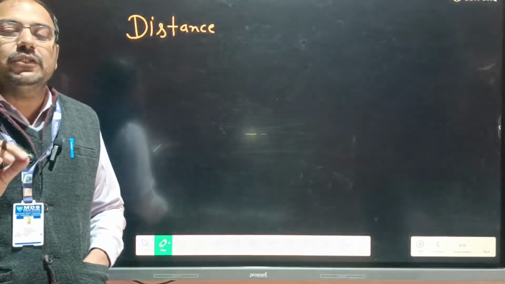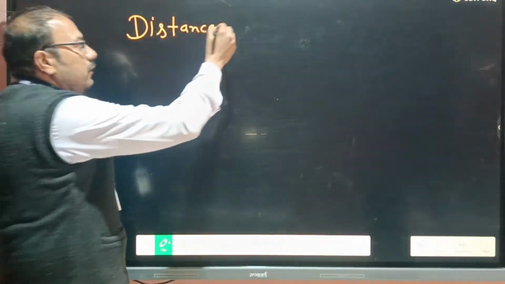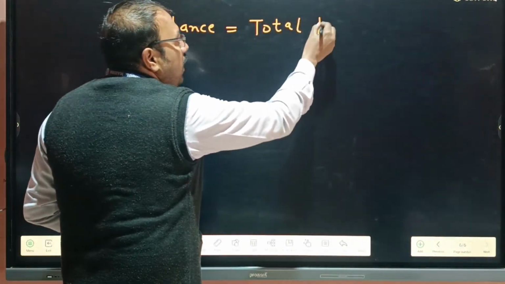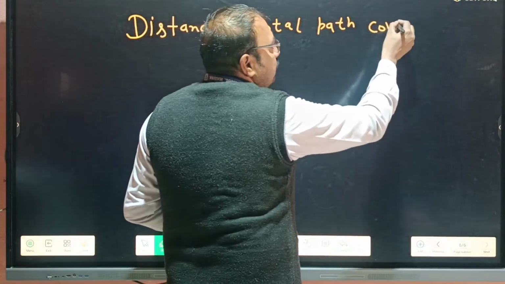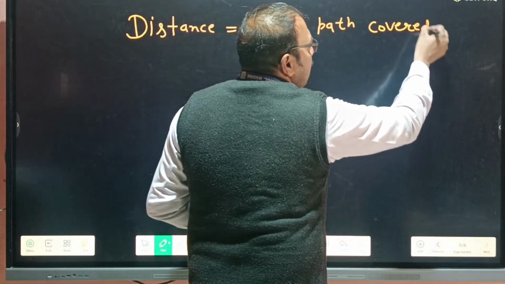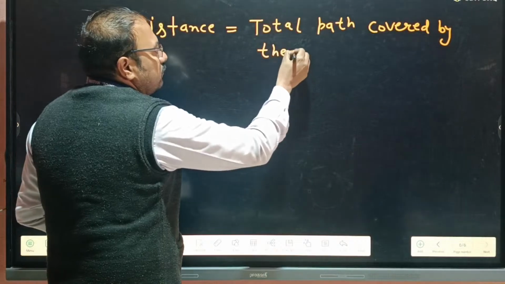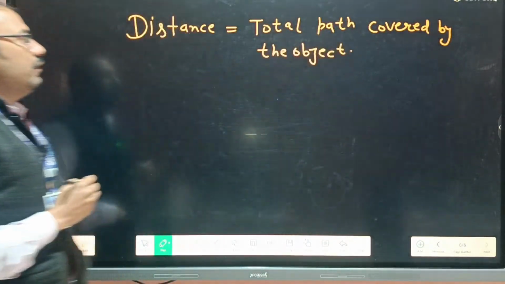So what is distance? Total path traveled by an object. What is total path? Total path covered by the object. Okay, so this is distance.